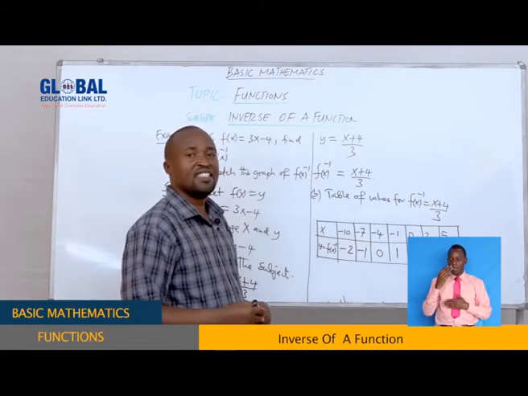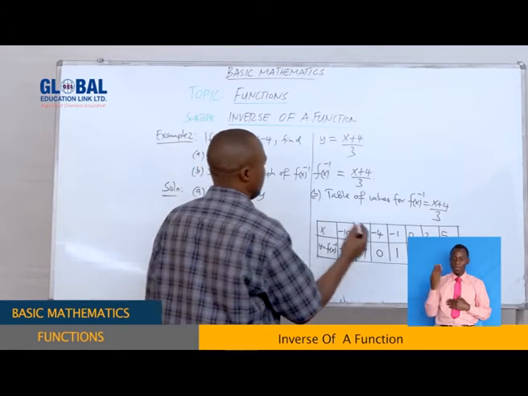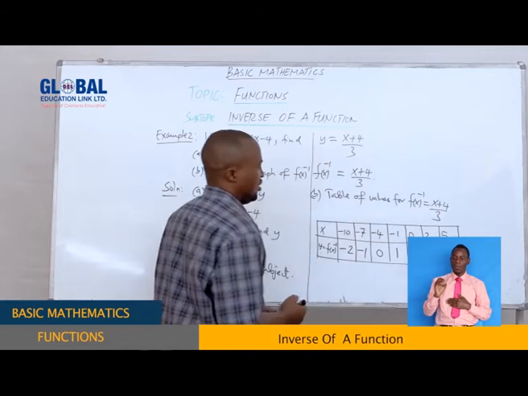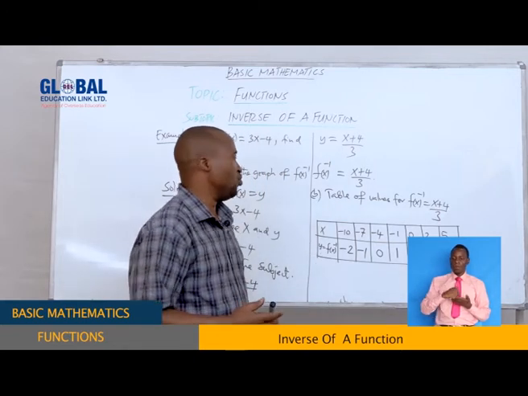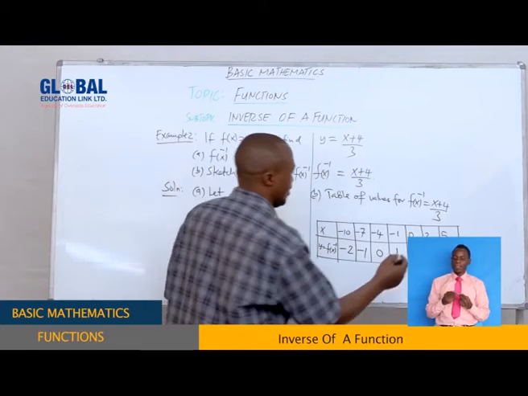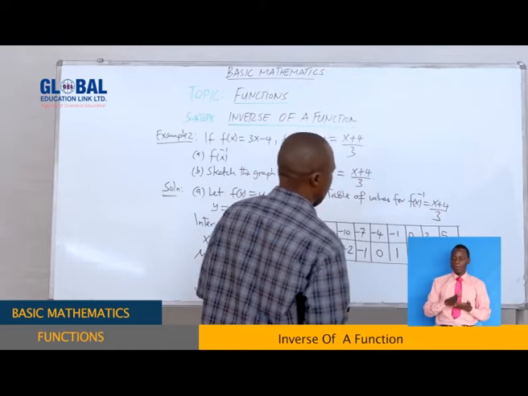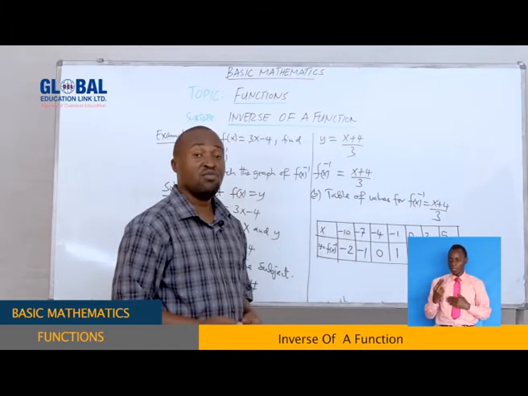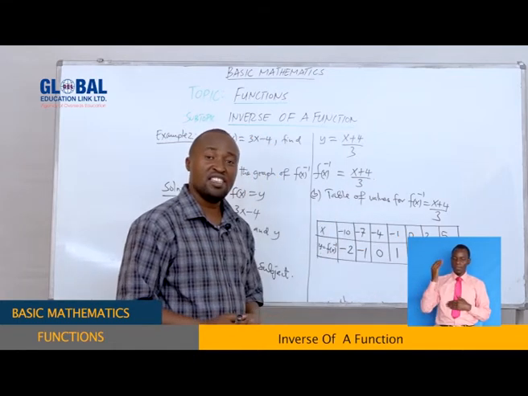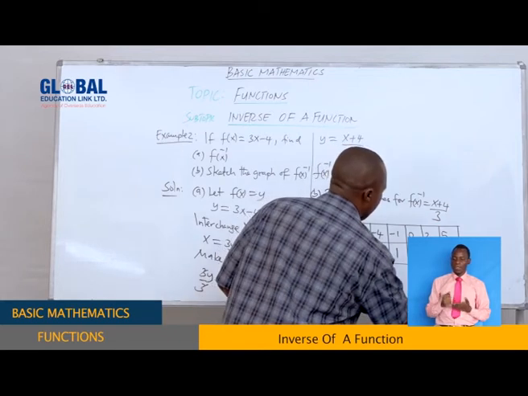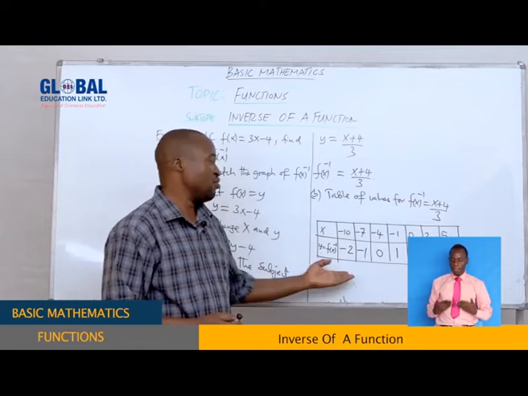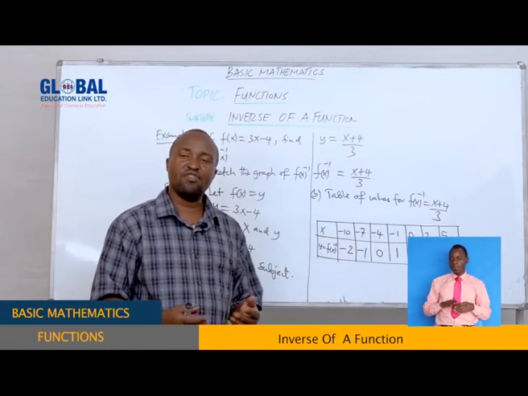Then when x is equal to 0, that will be 4 over 3. Then when it is 2, that is 2 plus 4, that is 6 over 3. This one is equal to 2. Then we have 5. That is 5 plus 4, it is 9. 9 over 3, this one is equal to 3. So, dear students, use this table to sketch the graph of f inverse of x.